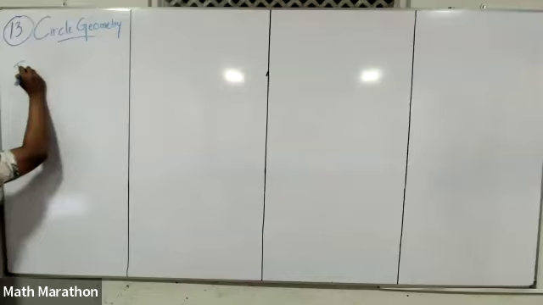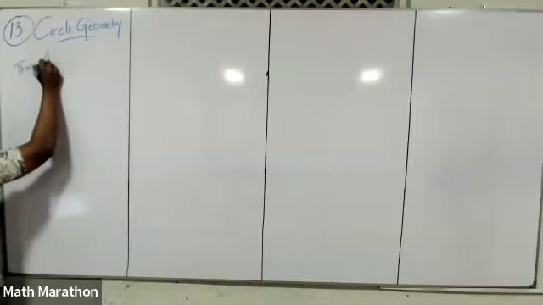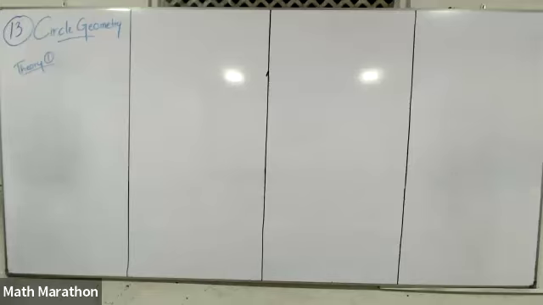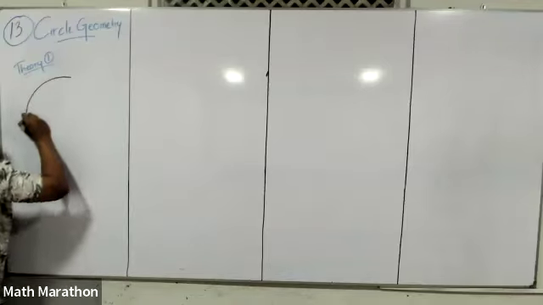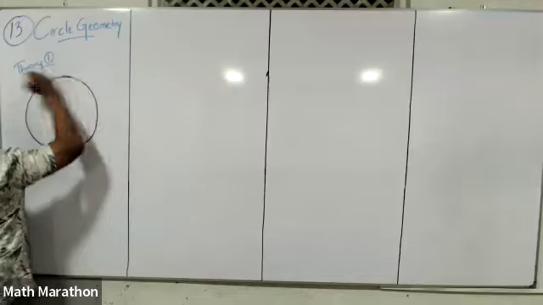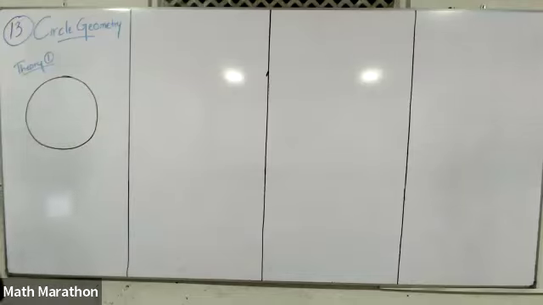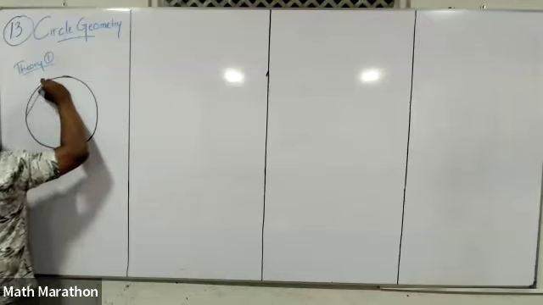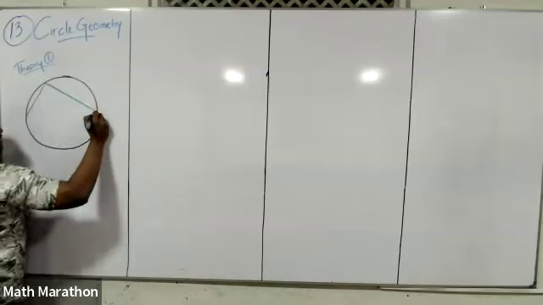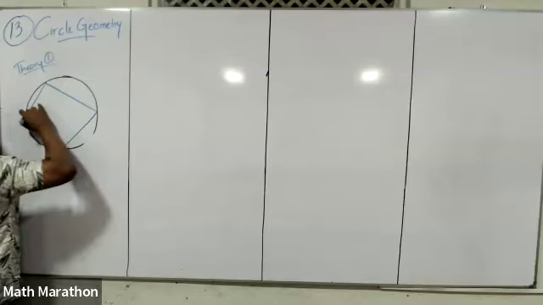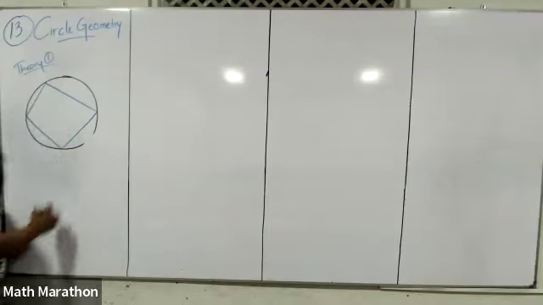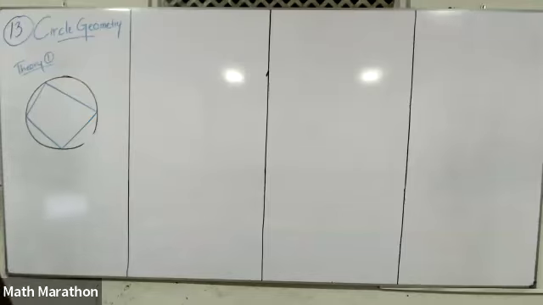Theory 1. The first theory is about a cyclic quadrilateral. What is a cyclic quadrilateral? Any quadrilateral whose four vertices sit on the circumference of the circle is called a cyclic quadrilateral.